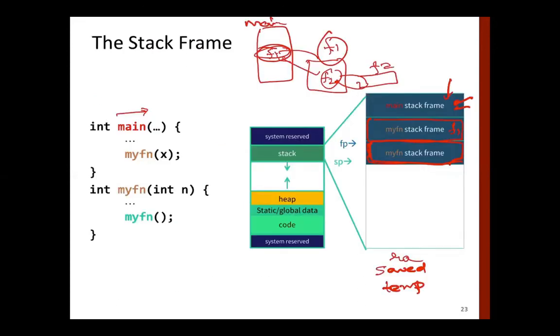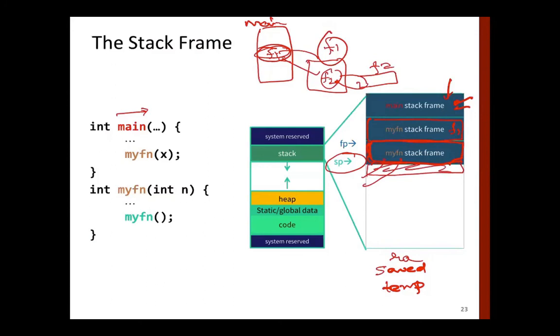And then apart from that, we see here two pointers, right? One is SP, which is the stack pointer. Now the stack pointer always points to the top of the stack, of the last frame that has been pushed. As the program executes and more local variables come in, the size of this frame may change, right?